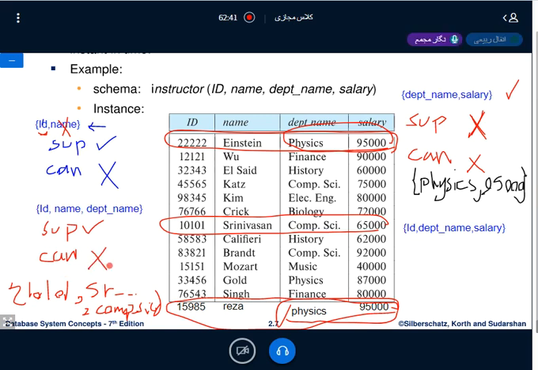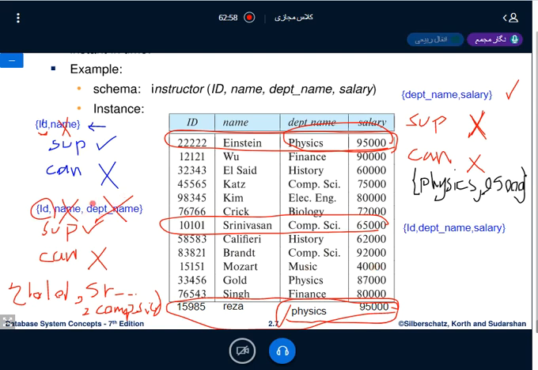No, it's not a candidate key. It's not a candidate key because I can omit dept name and also I can omit name, and just with the ID I can find the unique record.